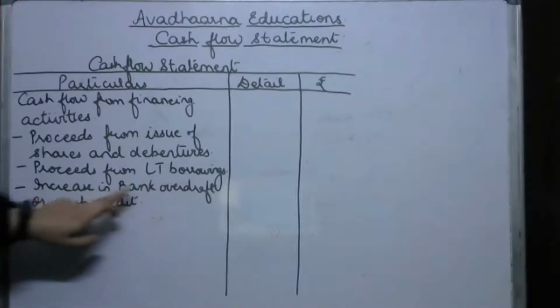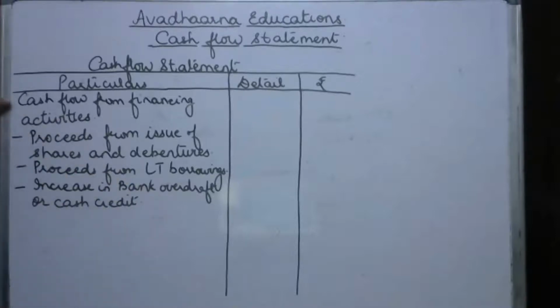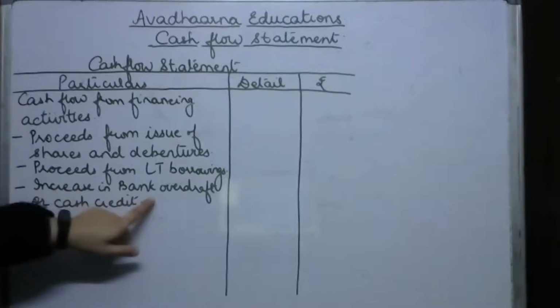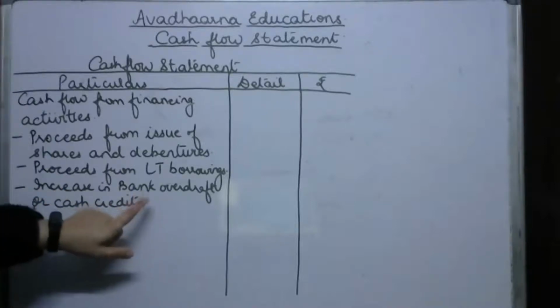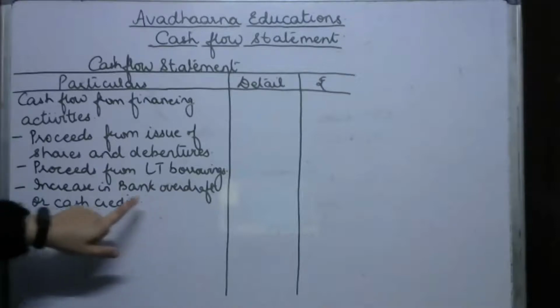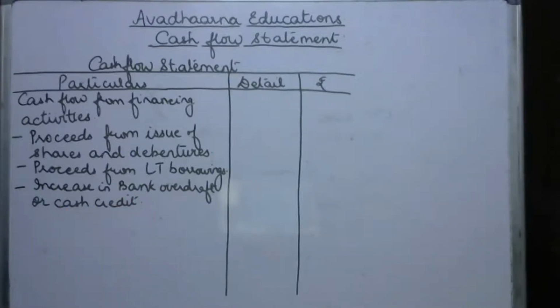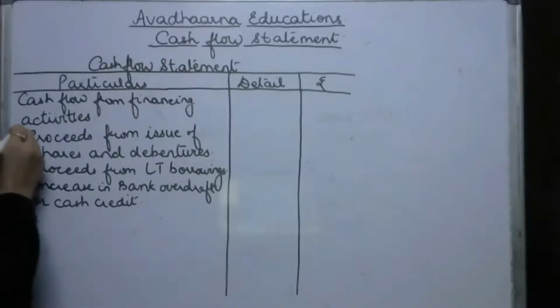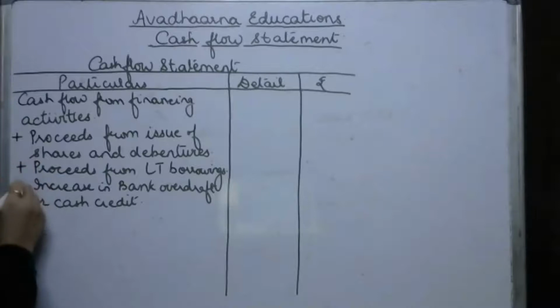So increase in bank overdraft is going to result into cash inflow from financing activity. But if there is a decrease in bank overdraft, fine, decrease in bank overdraft is going to be treated as cash outflow from financing activity. Fine. Increase is going to be added.